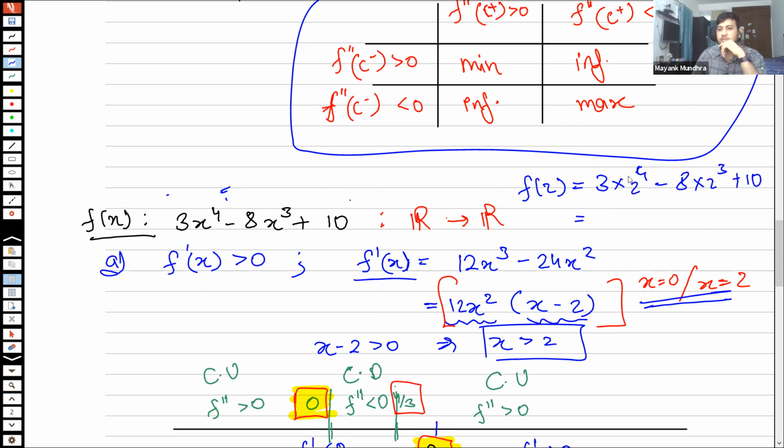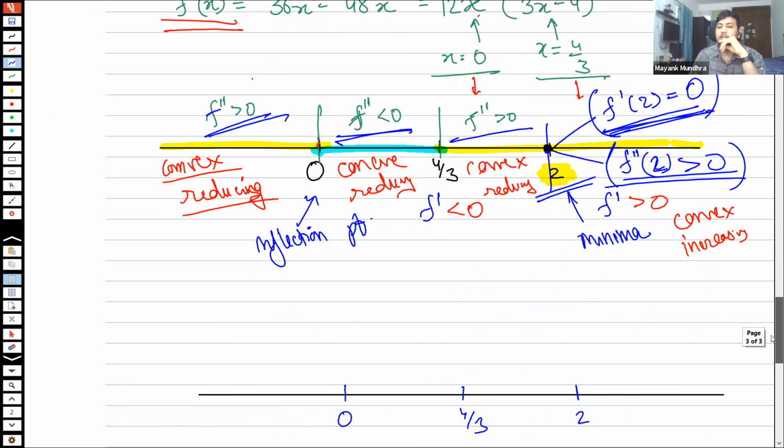So 2 to power 4 is 16, so 48 minus, 2 cube is 8, 8 times 8 is 64, plus 10. So this is going to be 48 plus 10, 58 minus 64 is minus 6. So it's just negative 6 here.